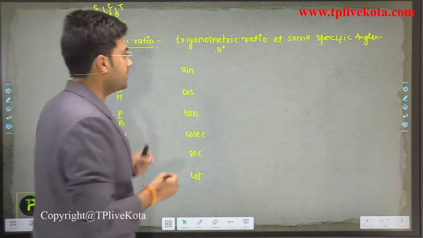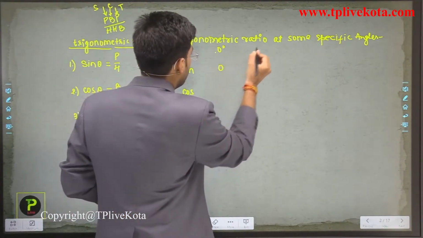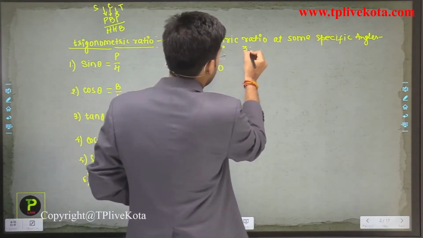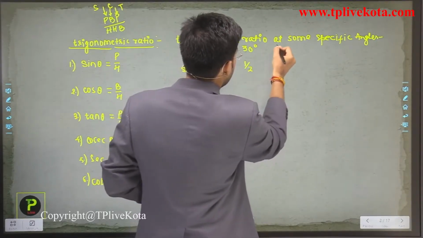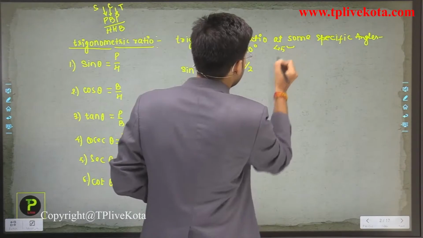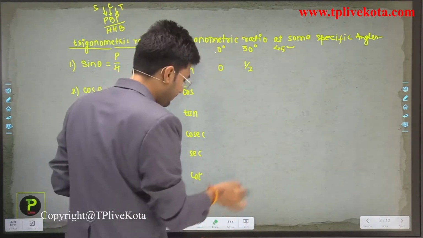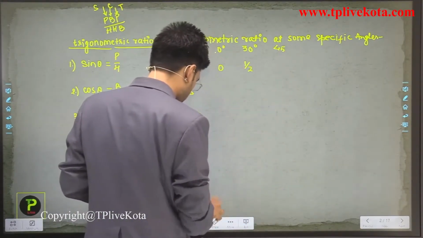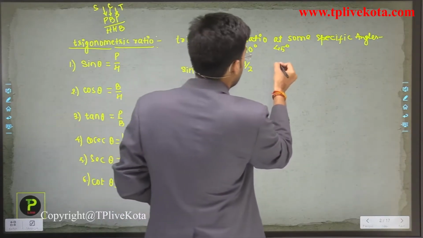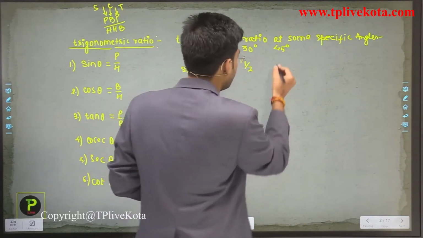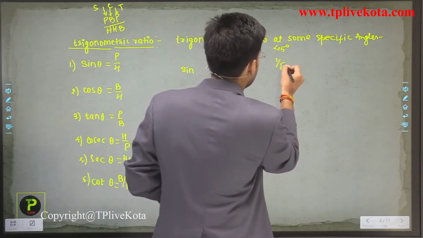At 0 degree sin is 0. At 30 degree sin is 1 by 2. At 45 degree sin is what? At 45 degree sin is 1 upon root 2, 1 divided by root 2.